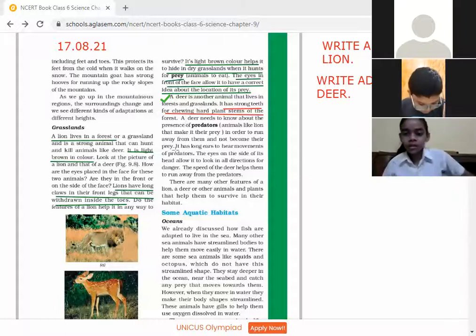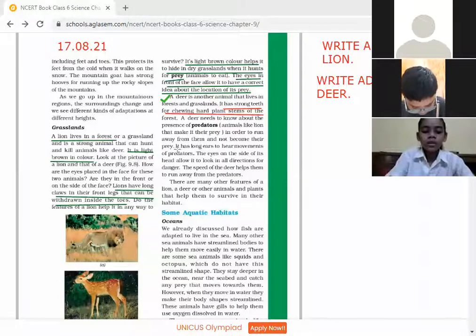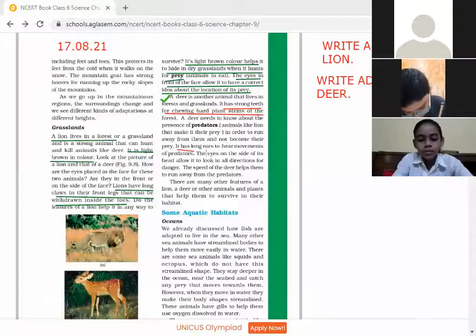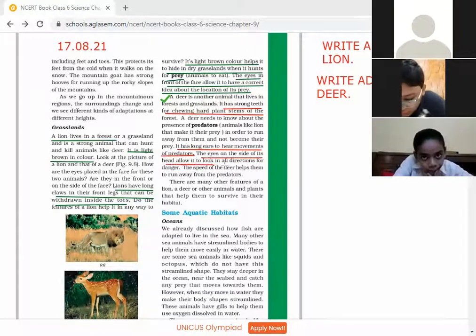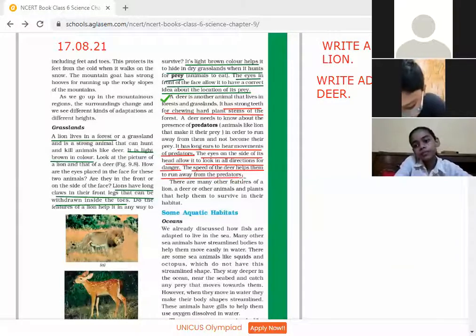In order to run away from them and not become their prey, it has long ears to hear movements of predators. The eyes on the side of its head allow it to look in all directions for danger. The speed of the deer helps them to run away from the predators. Okay, beta, thank you.